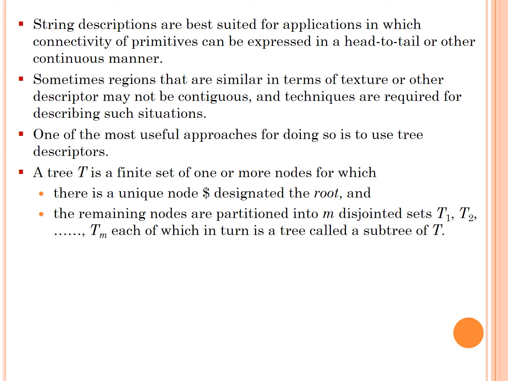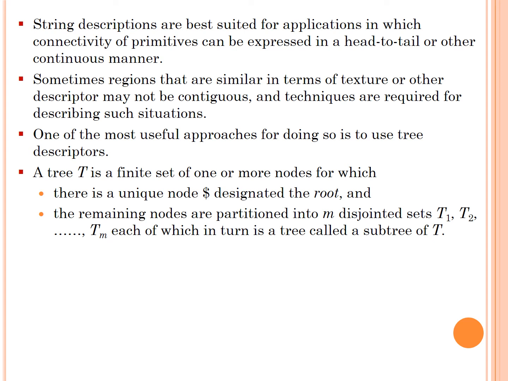String descriptions are best suited for applications in which connectivity of primitives can be expressed in a head-to-tail or other continuous manner. Sometimes regions that are similar in terms of texture or other descriptors may not be contiguous, and techniques are required for describing such situations.